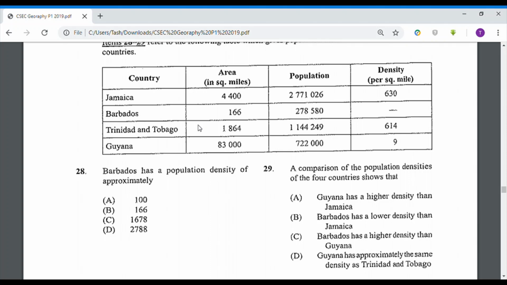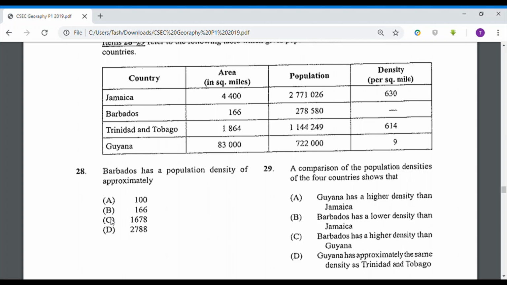So it takes in the population as well as the entire area that you have. So to find the density, you would divide the population by the amount of square miles. And in this case, your answer would have been 1,678. So that is letter C for number 28.